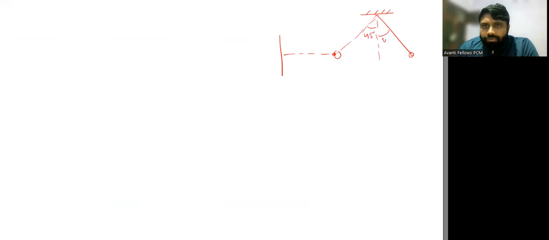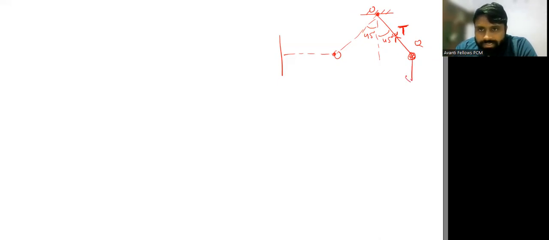This angle is also 45. Here is the ball. Now at this position, what is the tension in this string OQ? It is the same string. Let us assume the tension in that case is T, since we have assumed T1 and T2 in the previous case.